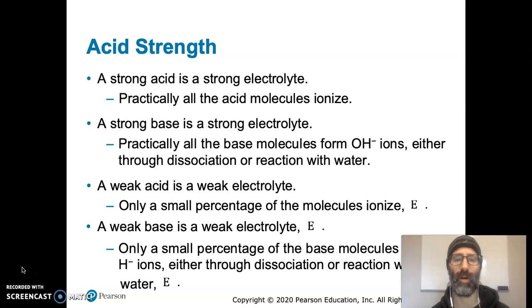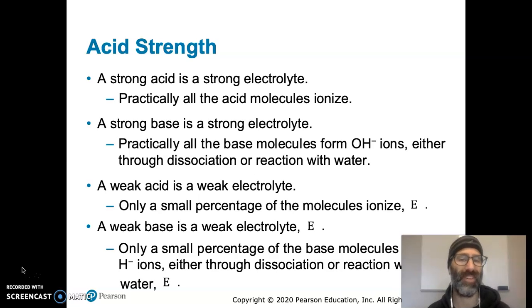So practically all of the acid molecules ionize. What does that mean? It means when you put a strong acid in water, almost every single molecule of the acid ionizes. So it means they break apart into ions. That's what we mean by a strong acid.